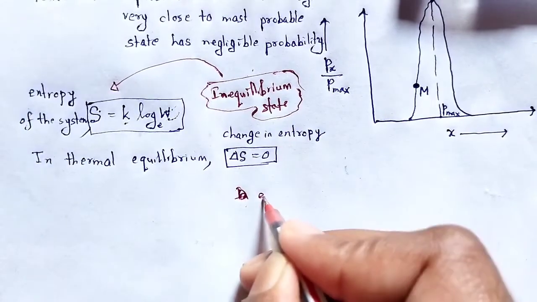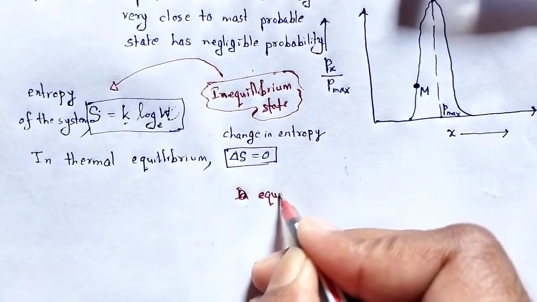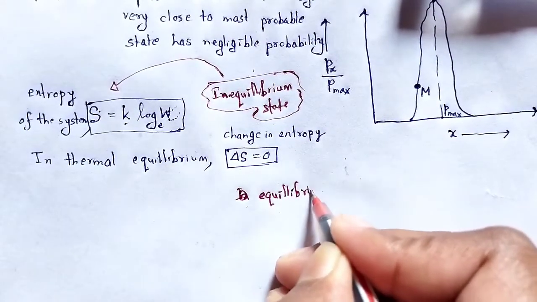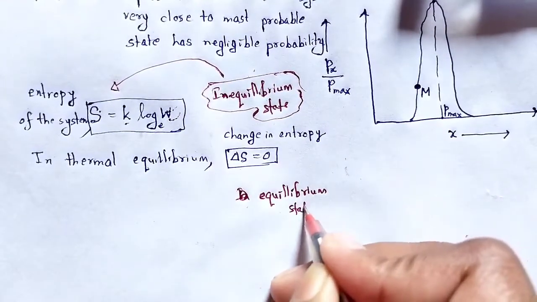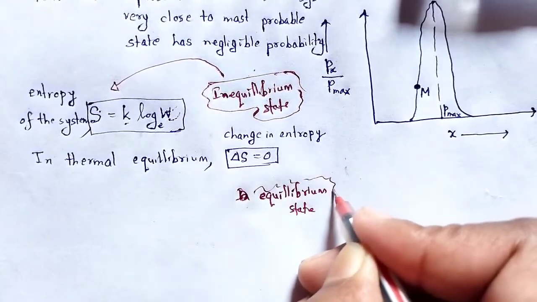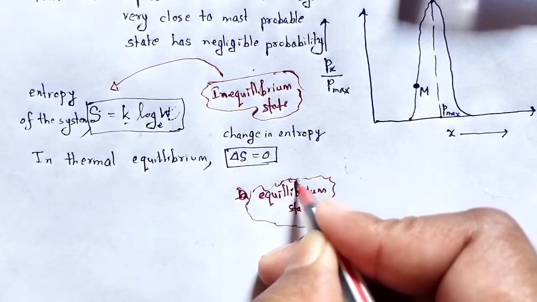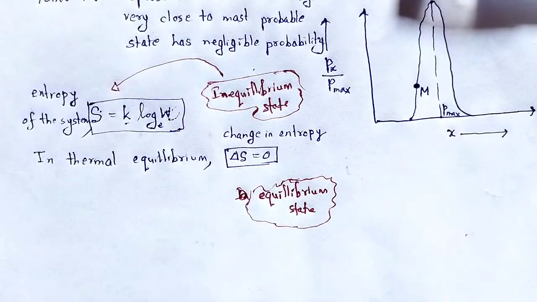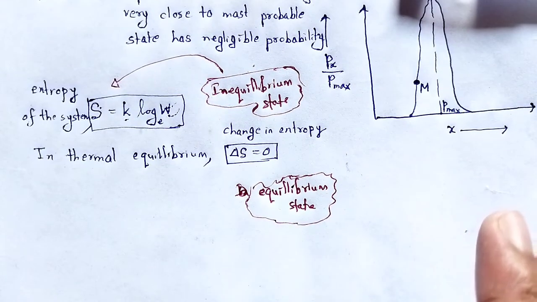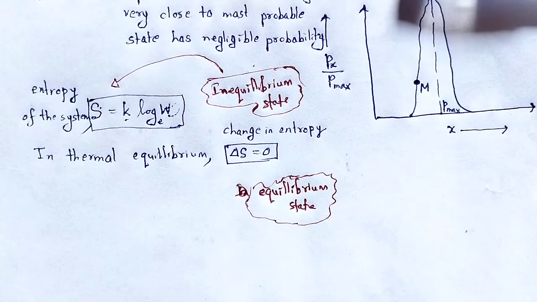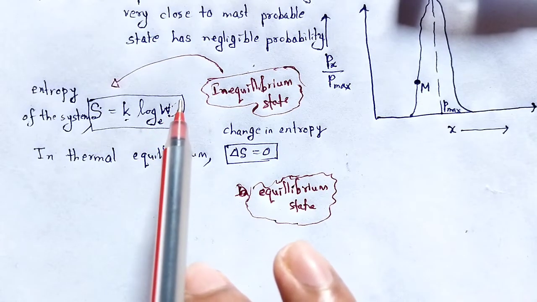So in equilibrium state, what should be the outcome for the entropy? As the system moves from inequilibrium to equilibrium state, the thermodynamic probability W increases, and hence the entropy accordingly increases.